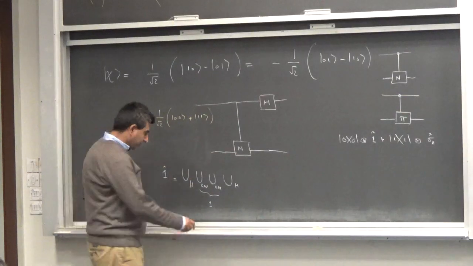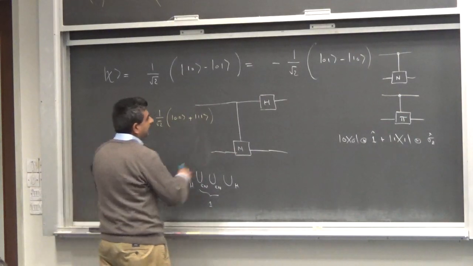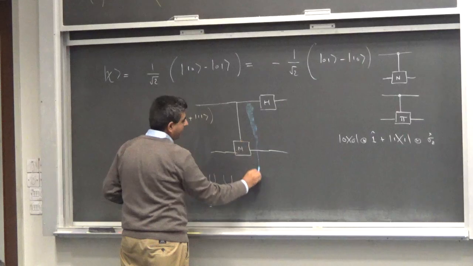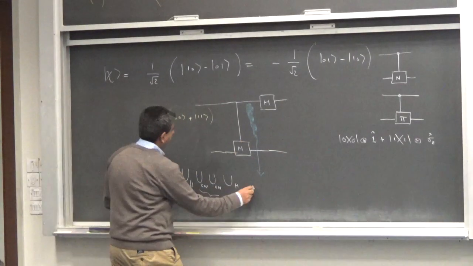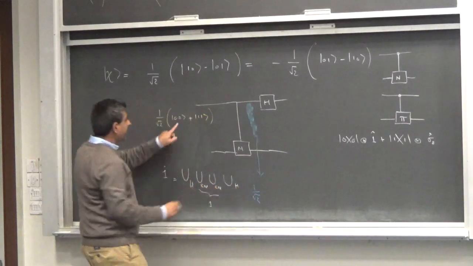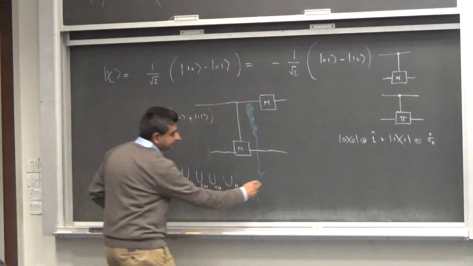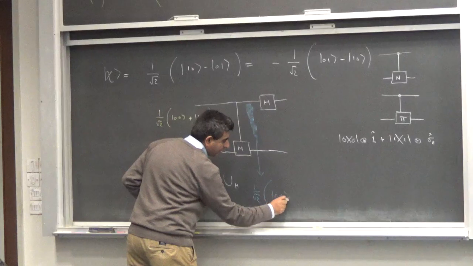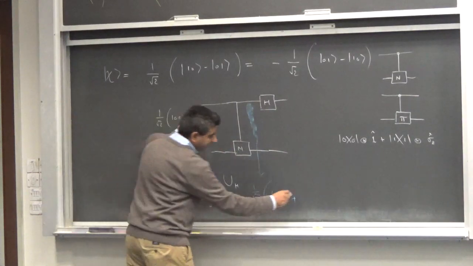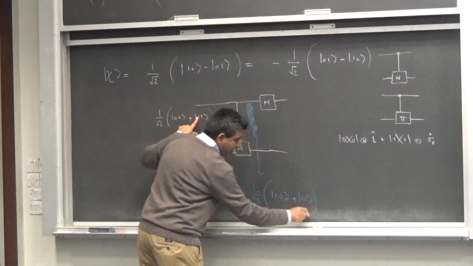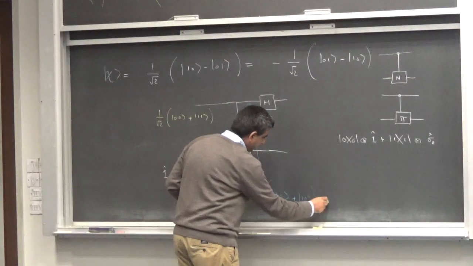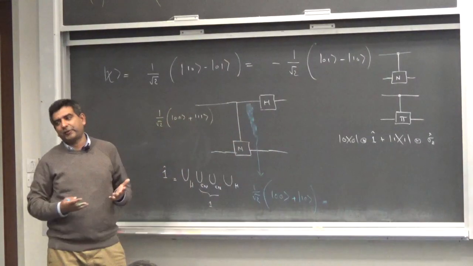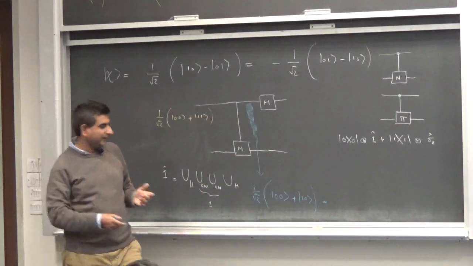Alright, so let's look at what happens here. If I have a control NOT gate here, let's see what we get. Starting from this input, I get 1 over root 2. Nothing happens here, but this is inverted. I factorize this out again for convenience.